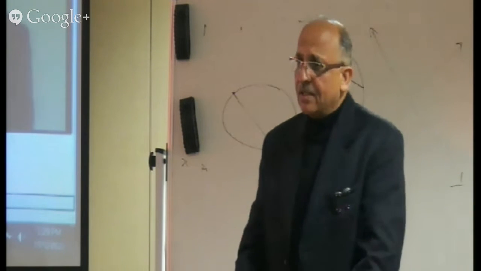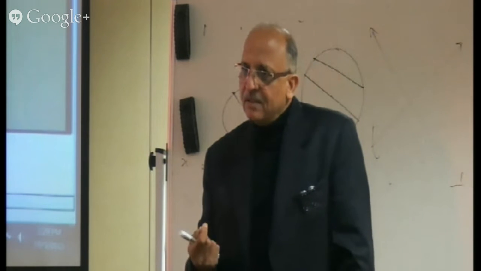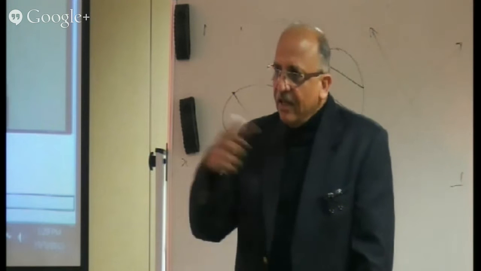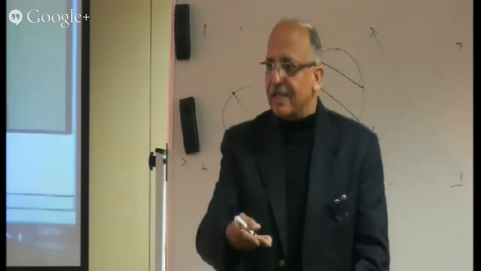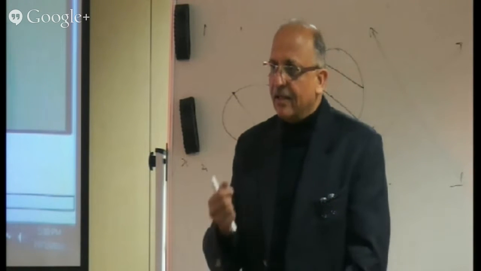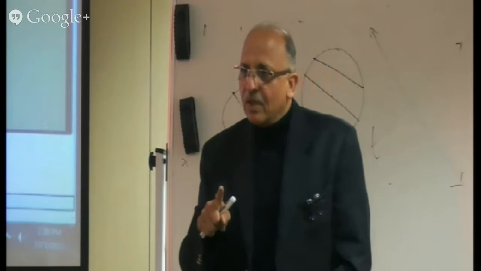Like you have seen something moving in a circle many times. A wheel rotates, and it also translates. That's a separate issue. But suppose there is a car standing, somebody lifted it through a jack, and the wheel is rotated. There will be a circular motion.